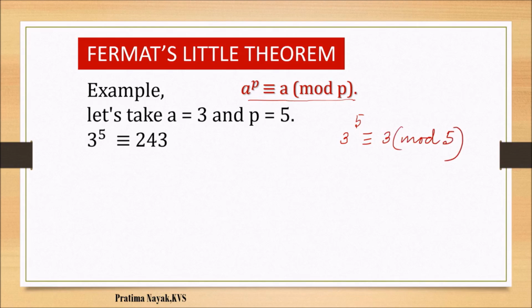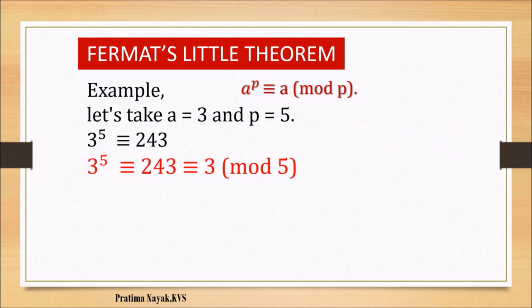If we divide 243 by 5, certainly the remainder is 3. So hence it is verified, and after the verification it is easy to convince. I am not going to prove this theorem because it is not needed for our purpose.